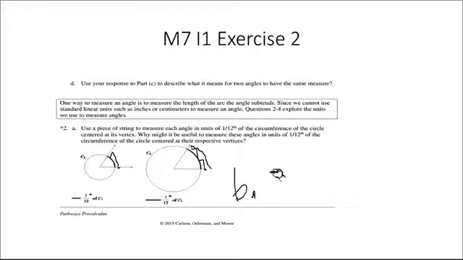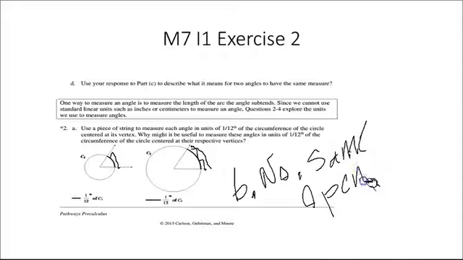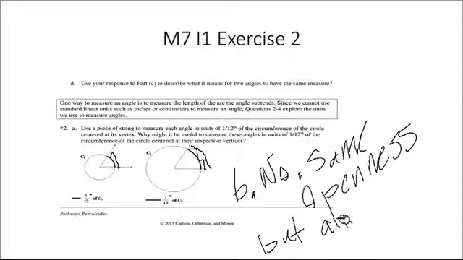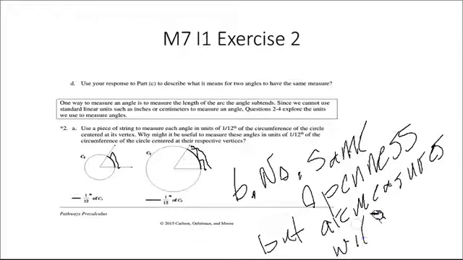So for part B, we say no, same openness, but the arc measures will differ.